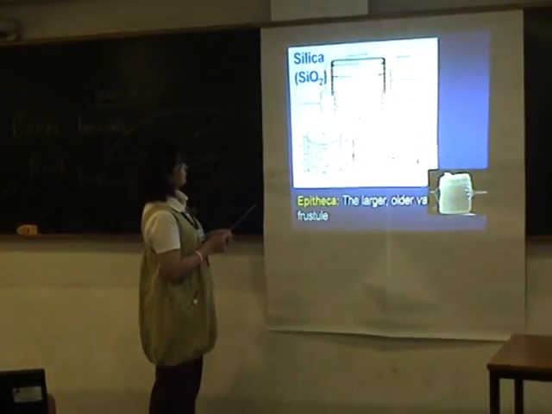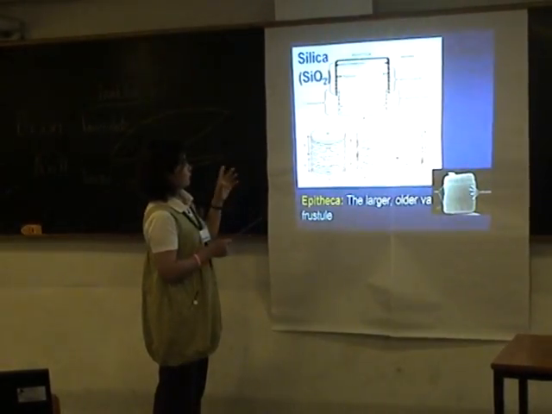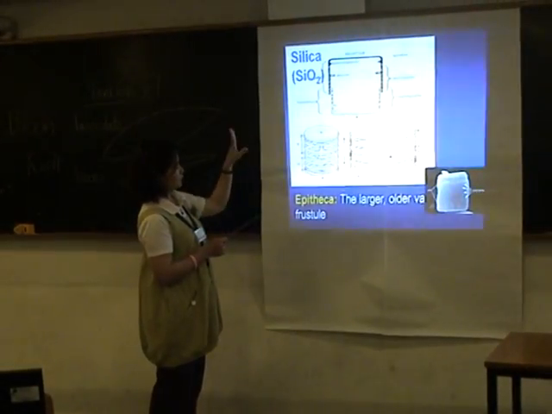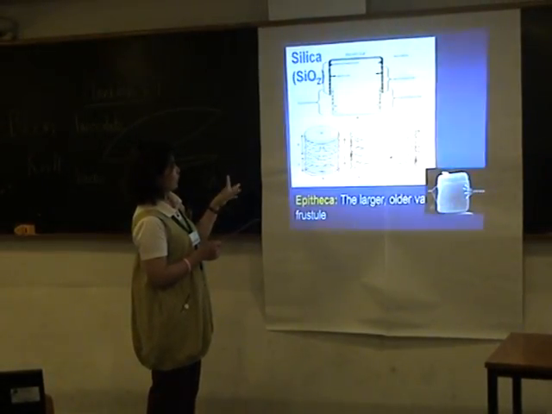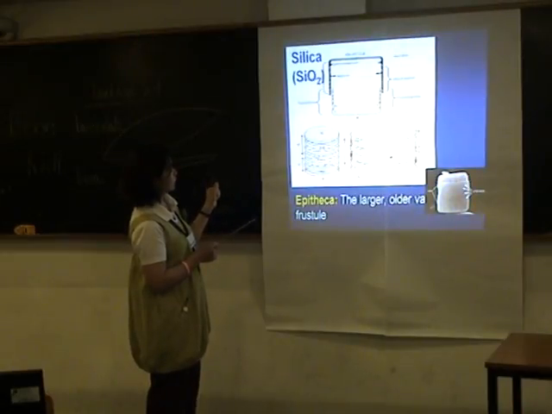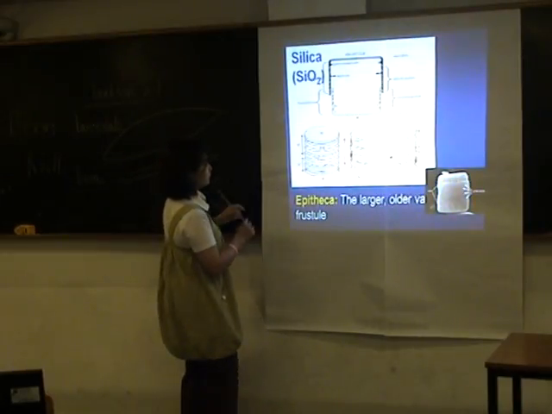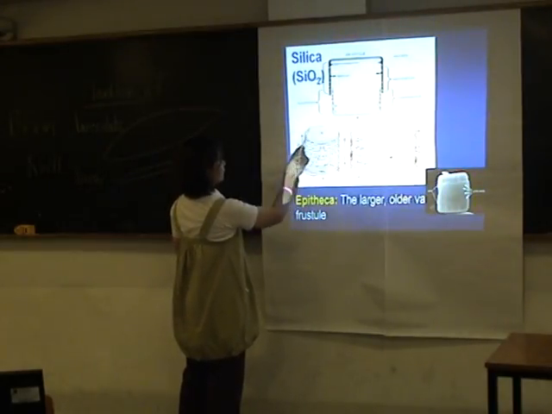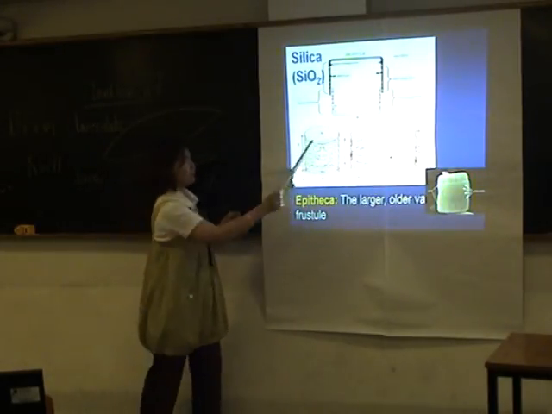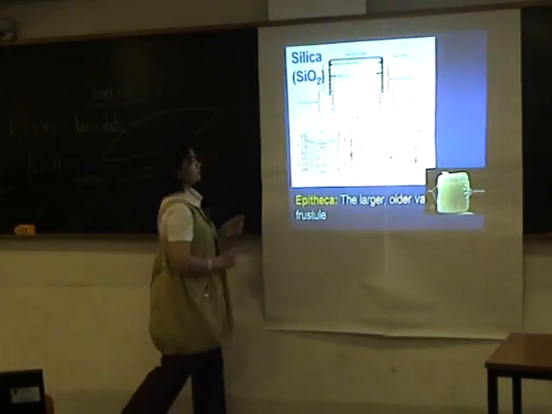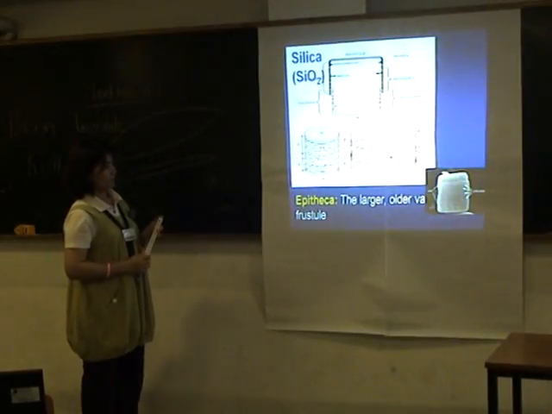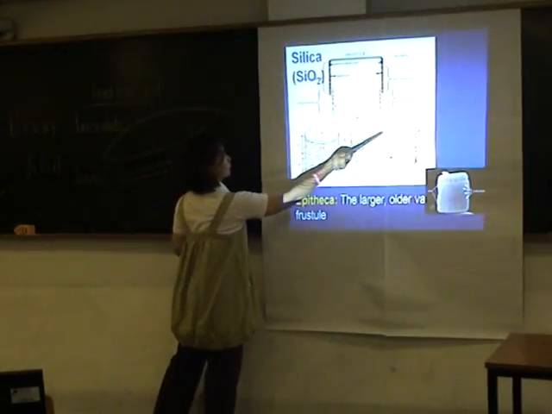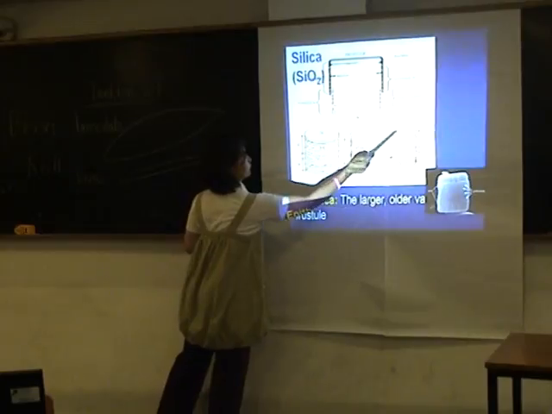Before we go to identify diatoms, it's important you know about some of their structure. Some diatoms are large cells, and some look like this. And you can see some diatoms do not have something that looks like this.